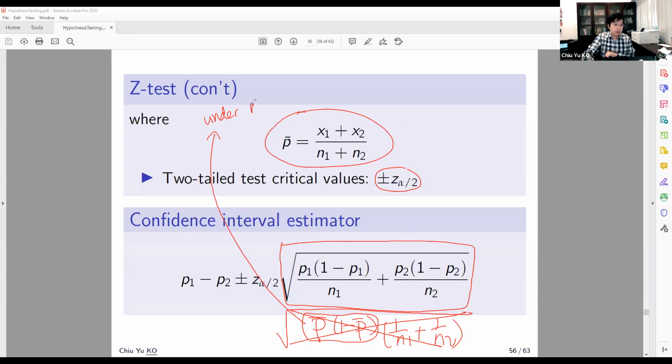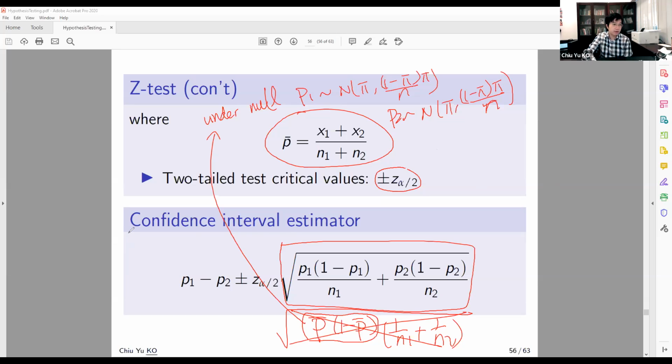Under null, there's a single pi, because p1 is normal with pi(1 minus pi) over n, and p2 has the same mean and hence the same variance. So this is coming from the assumption of the same mean.